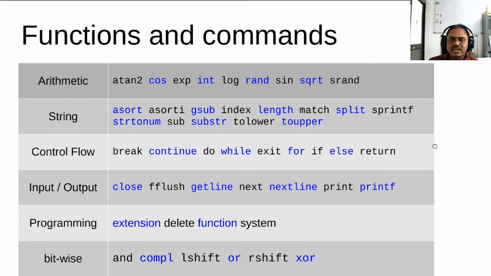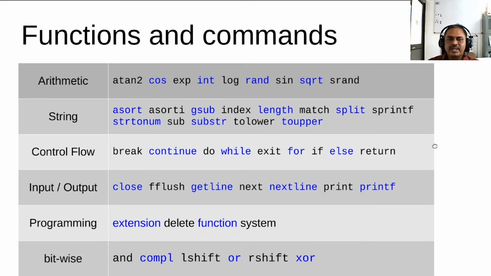Now the number of functions and commands that are available is quite rich. So you have the arithmetic operations such as sine, cos, tan, exponential, log, etc. And then you have string operations, which are for splitting the strings or getting a substring, converting the case of the characters in the string, and matching a regular expression with the string, and so on. And you also have loops that use control flow, various types of loops that you have seen in shell scripts.